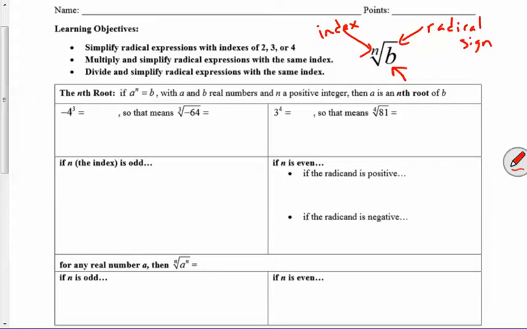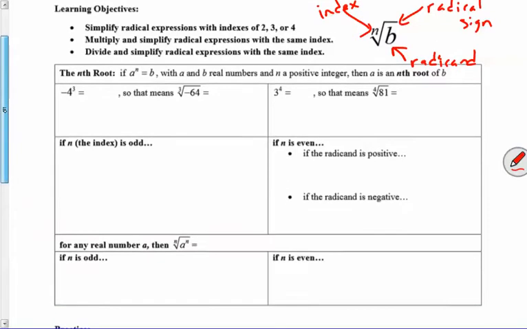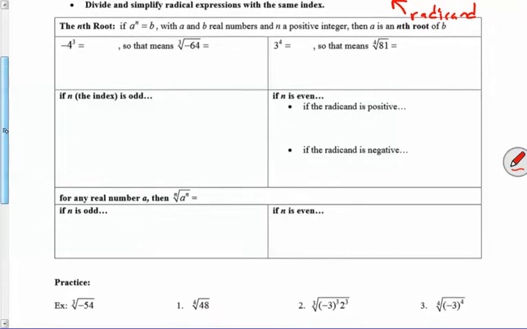And B here is called the radicand. The index is the number outside the radical sign, but it's not a coefficient. It's kind of raised, kind of like an exponent, but not. It's the index. Alright, so let's see what it looks like in our problem.